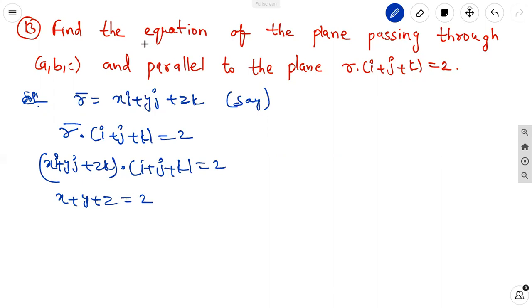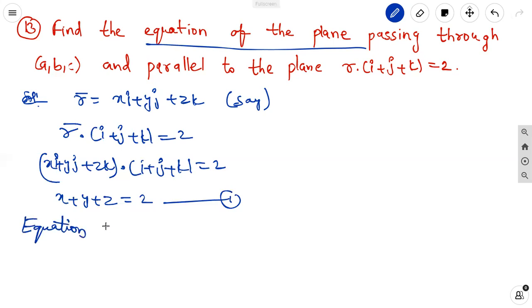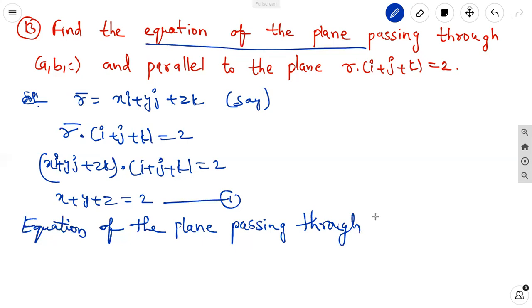What can we find? The equation of the plane passing through A, B, C and parallel to this plane. This is equation 1. What we require is the equation of the plane passing through A, B, C parallel to x plus y plus z, or parallel to equation 1.